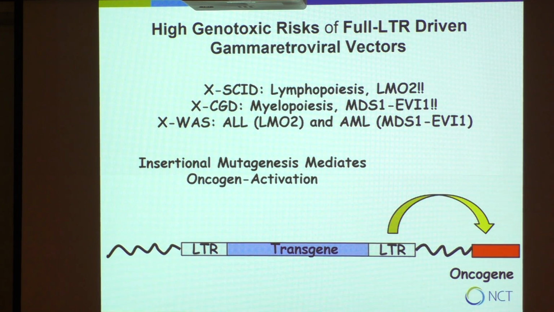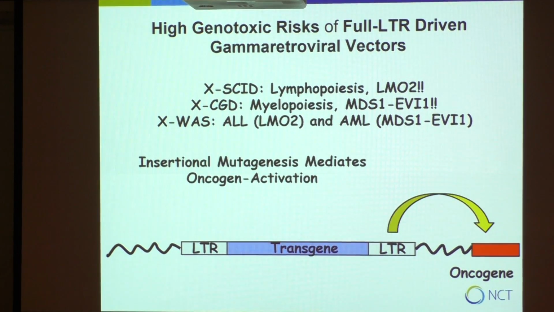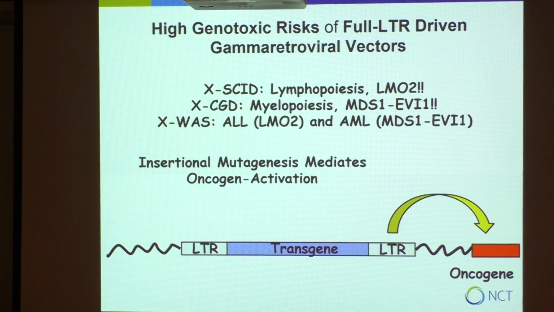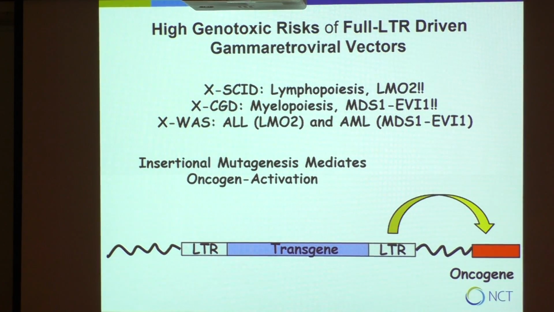But here I would also like to note that gammaretroviral vectors have also been used in ADA-SCID. Meanwhile, I think there are more than 50 patients worldwide, and so far there has not been any case of insertional mutagenesis.